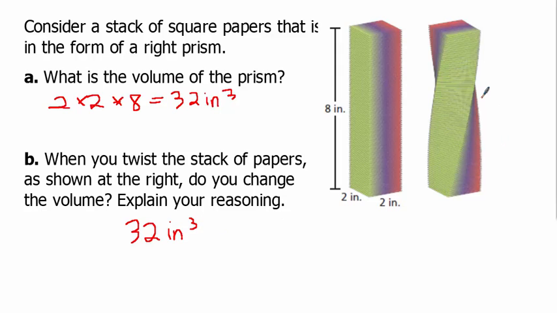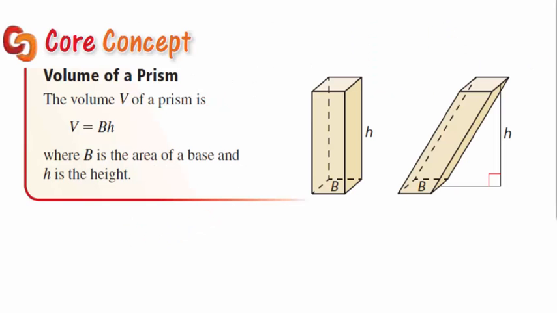If I'm twisted, that's not actually going to change the volume of the shape I'm looking at. So the general idea of the volume of a prism is it's the area of the base, and the base can be a whole bunch of different things, times the height. You have to be careful about measuring the height when the prism is slanted, but it's still base times height.